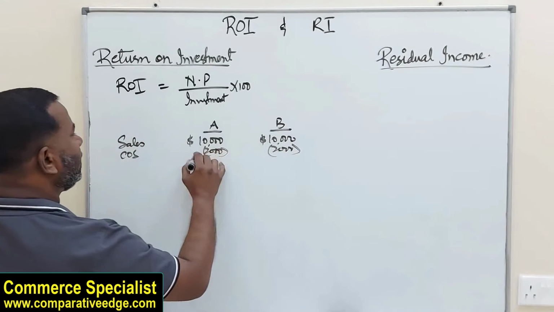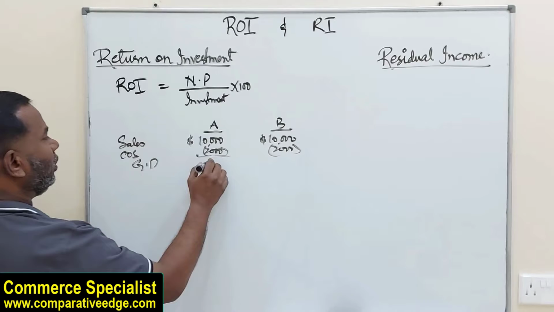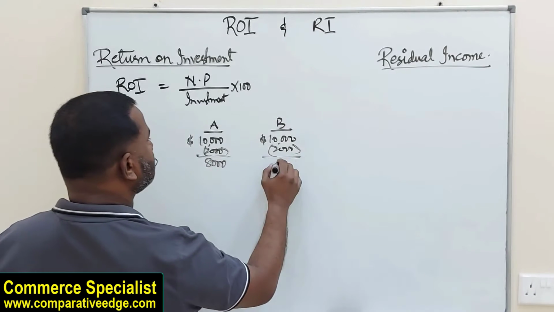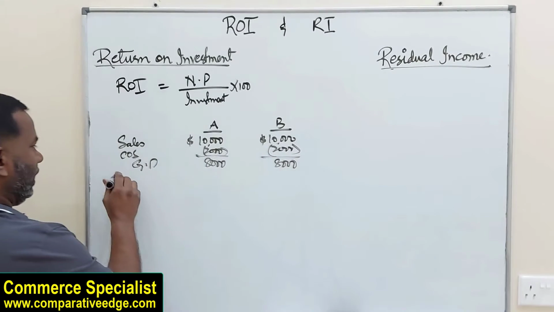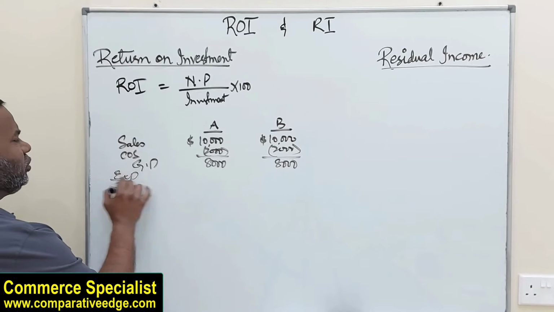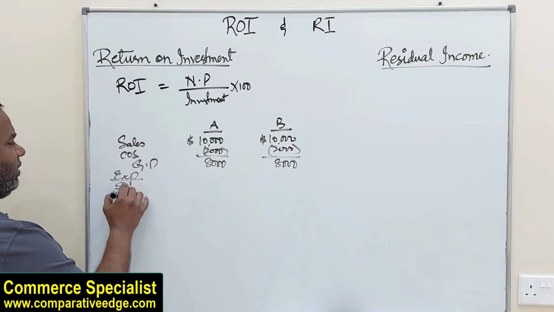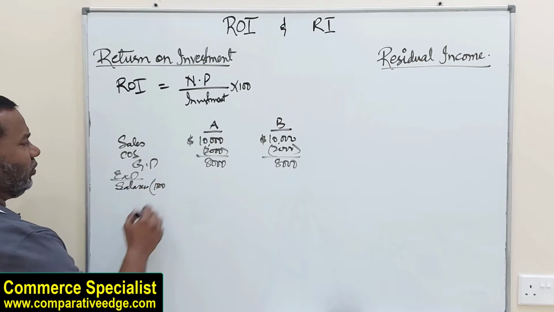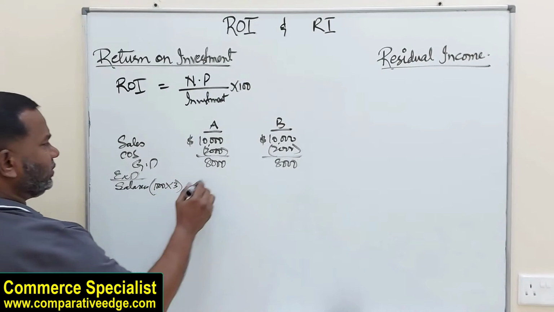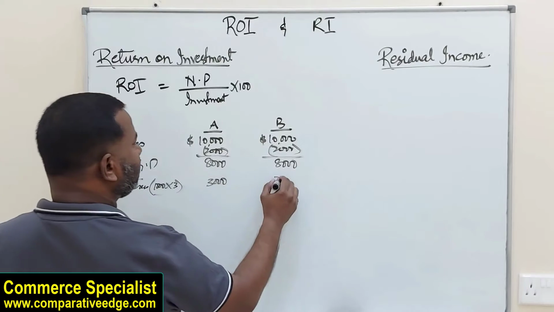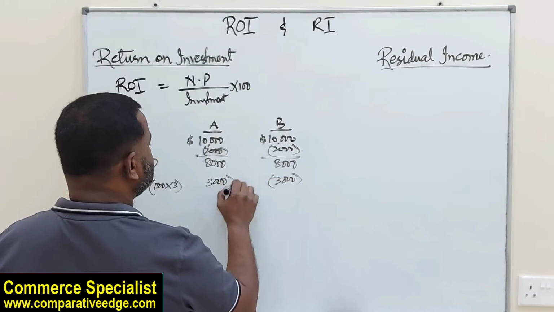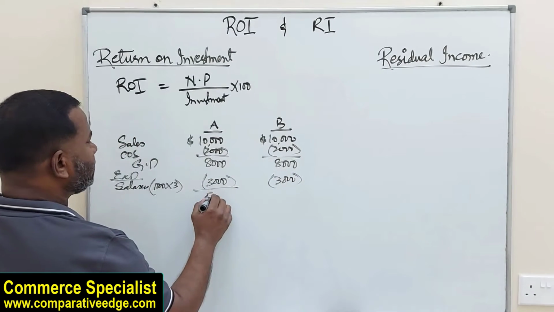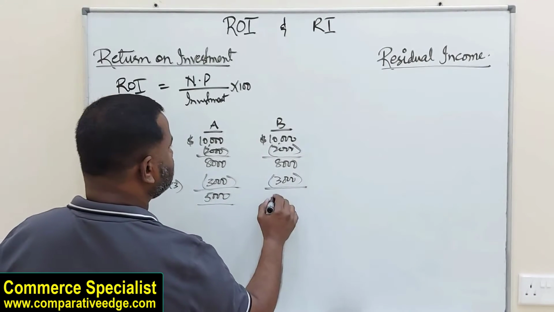As a result, you get a gross profit of 8,000. And expenses, I'm assuming the only expense they have is salaries, okay? And 1,000 is the salary of one employee. Each department has 3 employees. So salary is 3,000 here, 3,000 here. So how much is the net profit? 5,000.